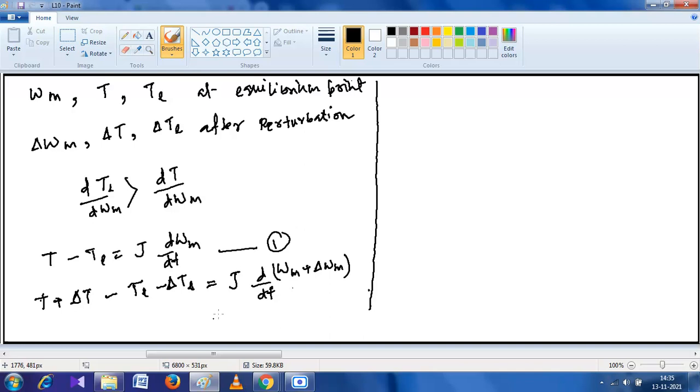So after differentiating this, J d/dt of omega m plus J d/dt of delta omega m. So this is our equation number 2.